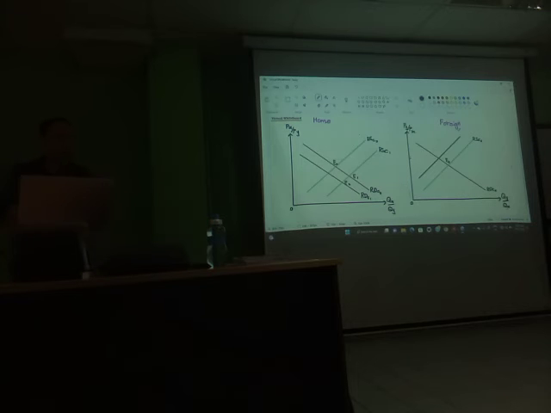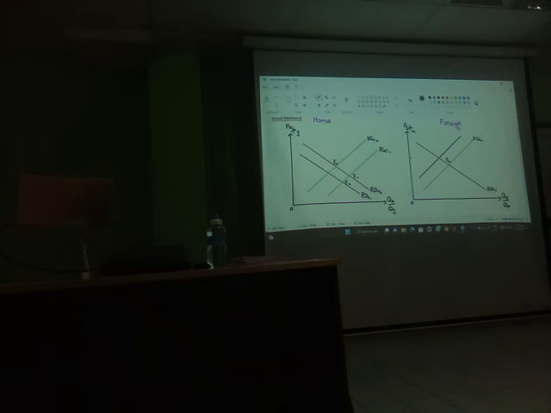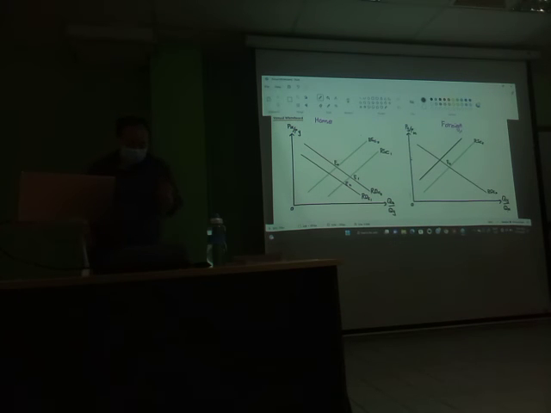Okay? Now what will happen? What is the consequence when the governments in foreign impose tariff on good X? The price of good X will become expensive or cheaper? Expensive in foreign. And that will have a consequence to the relative demand curve, correct?